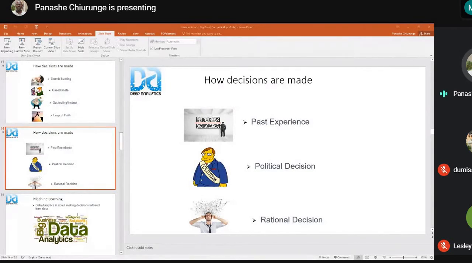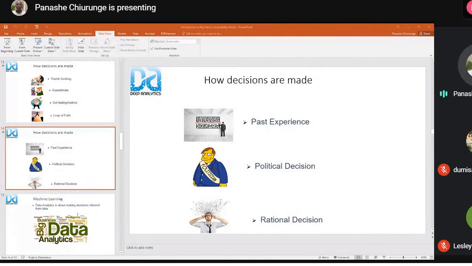I'm sure most of you know what those are. We've had a lot of experiences of those decisions in Zimbabwe. I will not give you examples because this is not a political science class. It's any decision that is based on politics, and it's got nothing to do with the data at all.